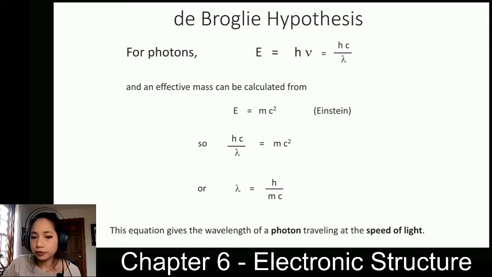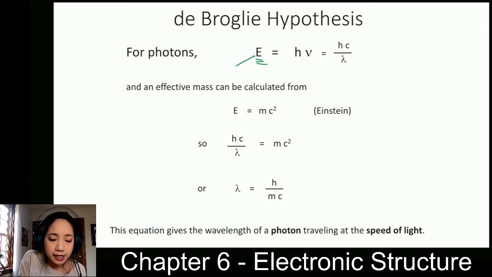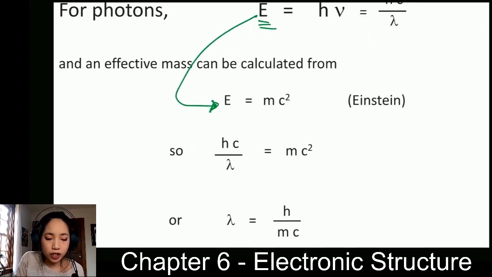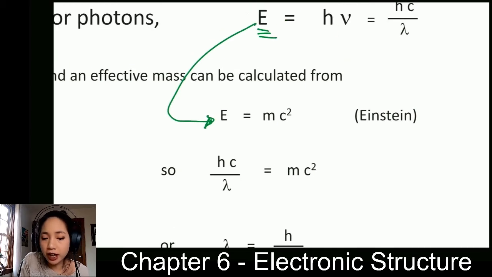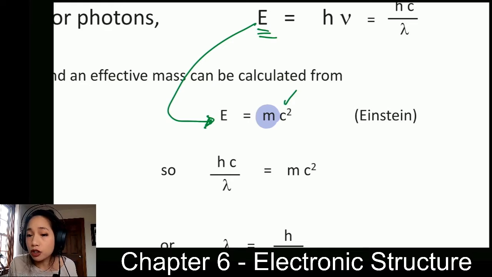So we can take the energy that we calculate from a photon with a specific wavelength and set that equal to Einstein's equation, E equals mc squared, and get that the energy associated with that wavelength or frequency is equal to the effective mass of that photon of light times the speed of light squared. The speed of light is a constant, so we know that value, and so we can calculate for mass.